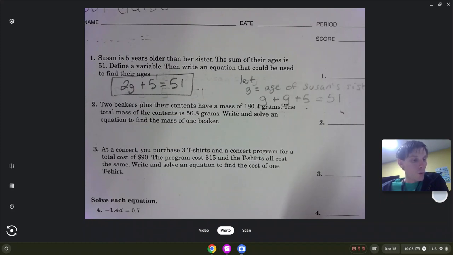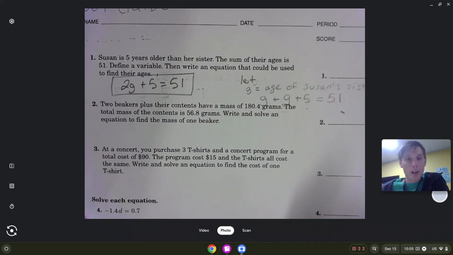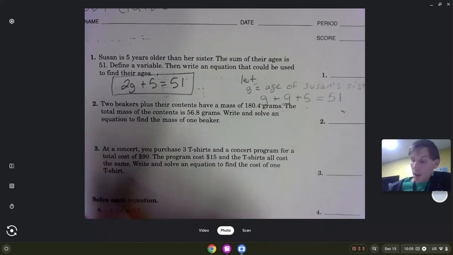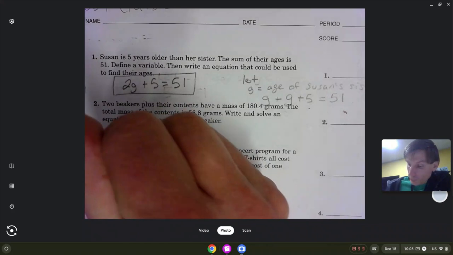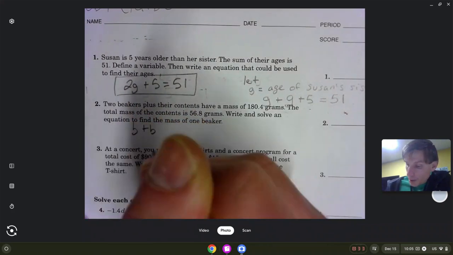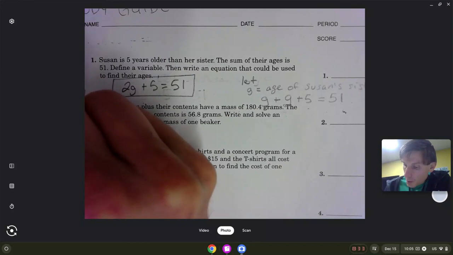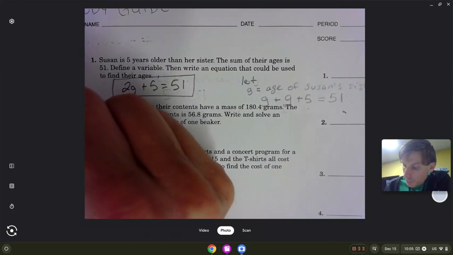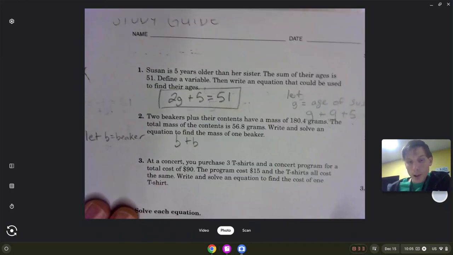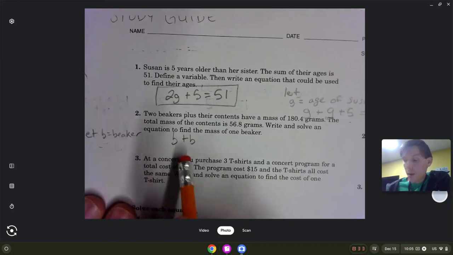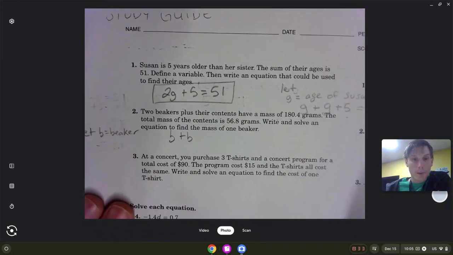So what is our equation here? We see that we have beakers, and we assume they're going to be the same weight, right? So we've got a beaker plus another beaker. To define our variable, we could say let B equal beaker.